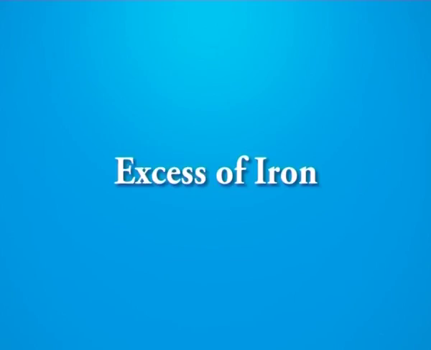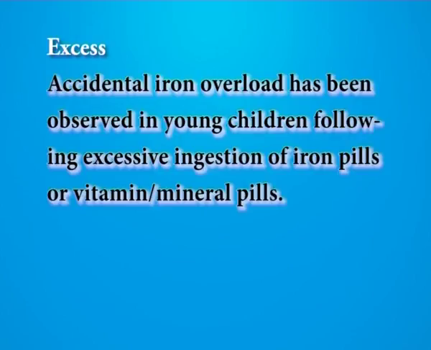Now, let us see the excess of iron. Accidental iron overload has been observed in young children following excessive ingestion of iron pills or vitamin or mineral pills. In most people with hemochromatosis, iron absorption generally continues despite high iron stores.